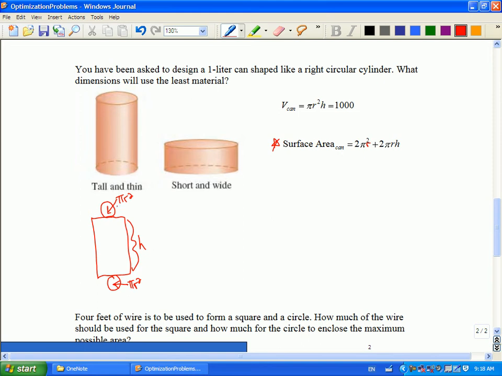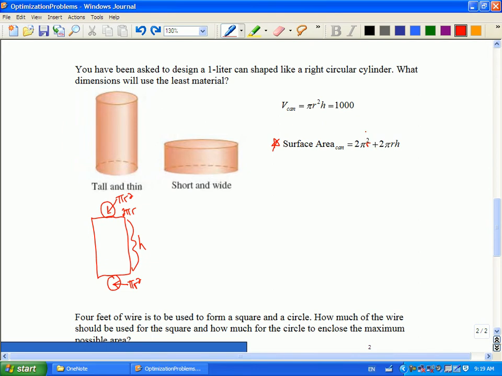So the circumference of this circle is 2 pi r. That's how wide the can is if we unroll it into a rectangle. So that's the area of the rectangle here and the 2 end caps. If you're using those aluminum sheets, that's how much area you need to build a pop can.